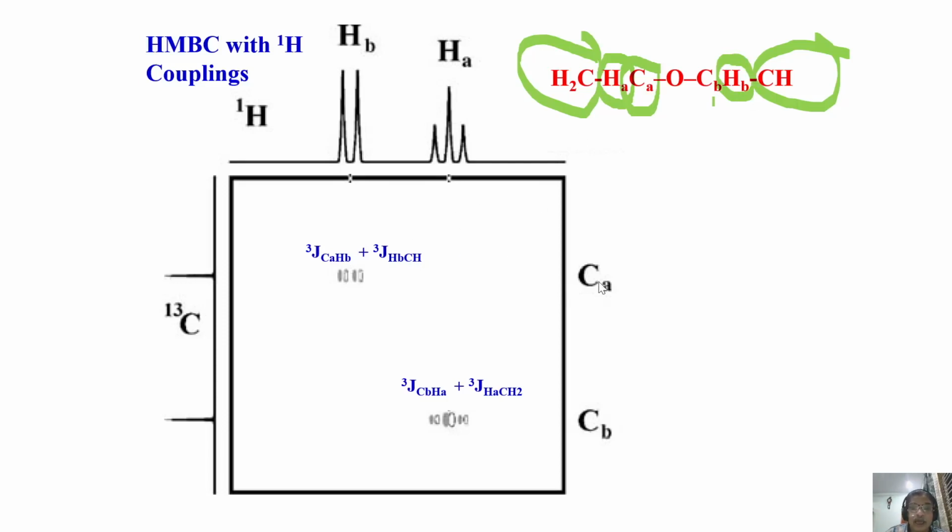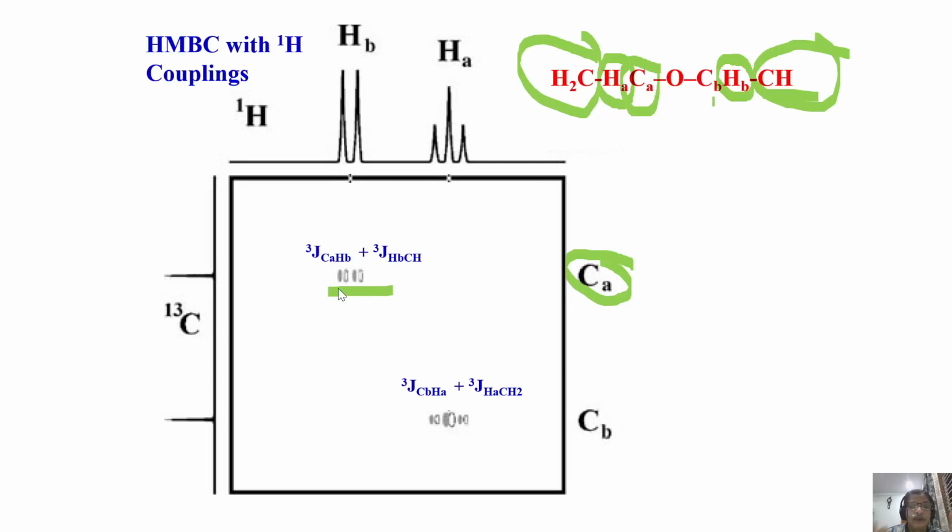So, at the site of carbon A, we must see a correlation with proton B. No doubt. We see at the site of A, the correlation due to proton B. Now, this proton B is split into a doublet because of this proton. So, each line of this satellite should be a doublet. Very clearly we are seeing that. Each line of this is going to be a doublet.